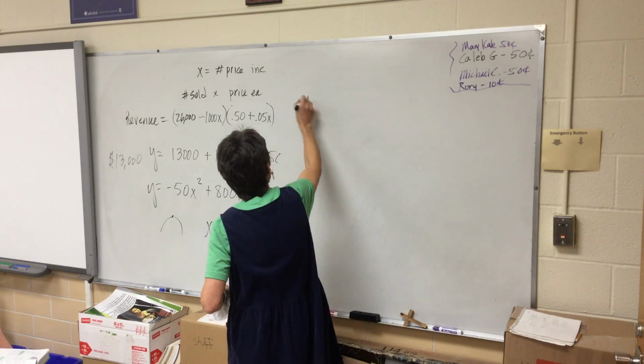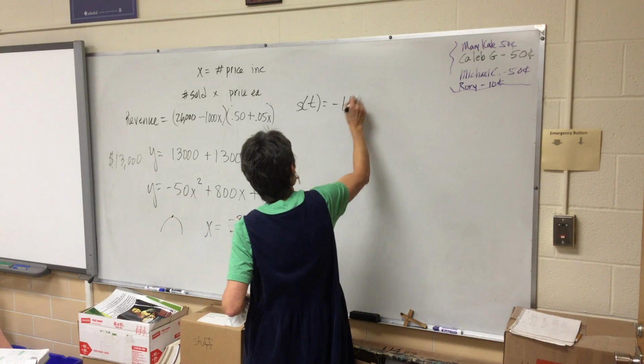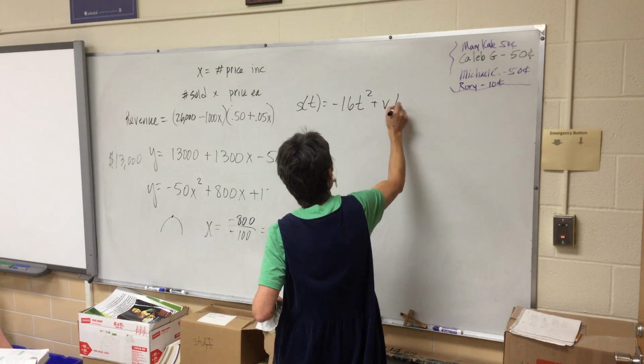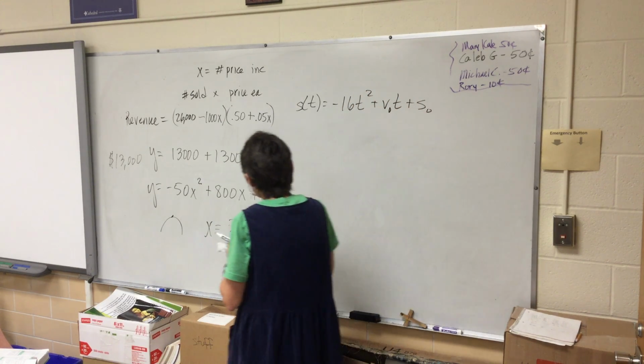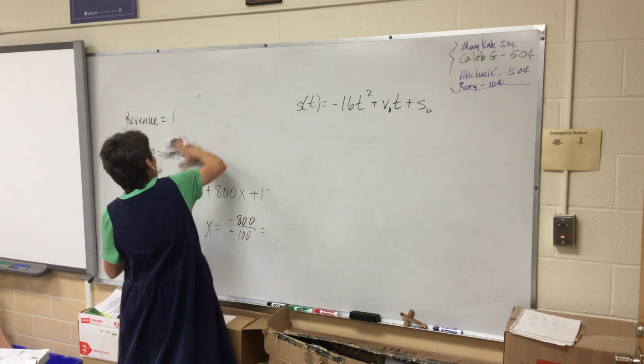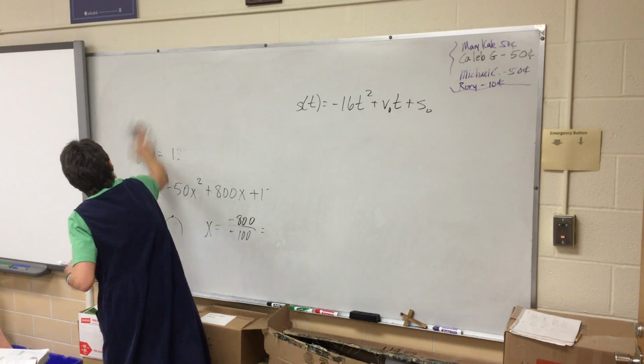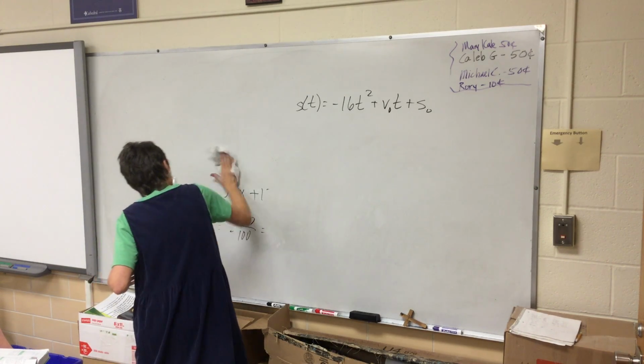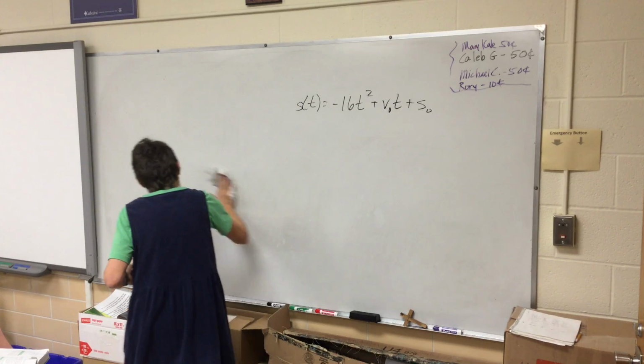Projectile motion, negative 16t squared plus v sub naught t plus s sub naught. That's your basic formula. I think they give you everything you need in the problem. Don't they give you the initial height and the velocity?